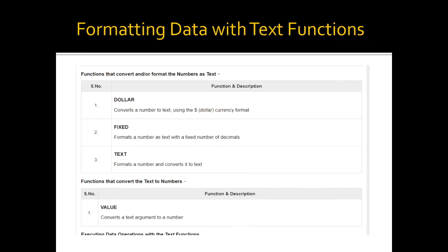Functions that convert and/or format numbers as text are: DOLLAR converts a number to text using the dollar or currency format. FIXED formats a number as text with a fixed number of decimals, and TEXT formats a number and converts it to text. As for functions that convert text to numbers, we have VALUE, which converts a text argument to a number.